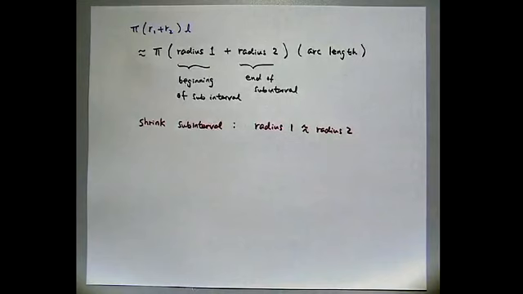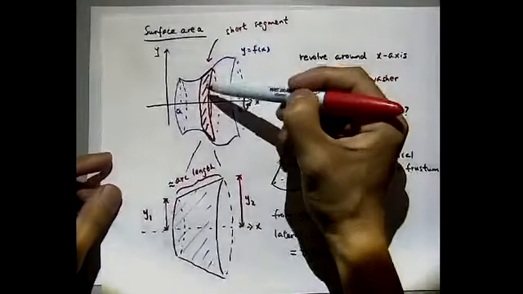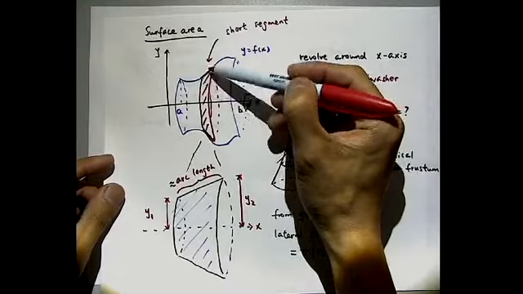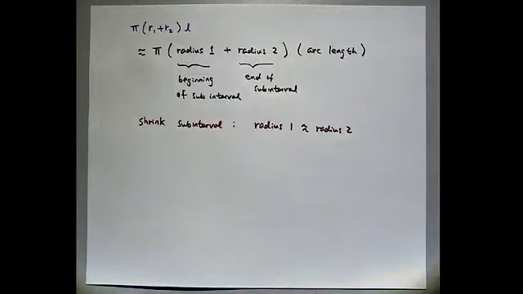And in this case here, what symbol would you use to denote that? Well, how do you find the radius? So what's the distance from the x-axis to the curve? Y, yeah, exactly. Good.